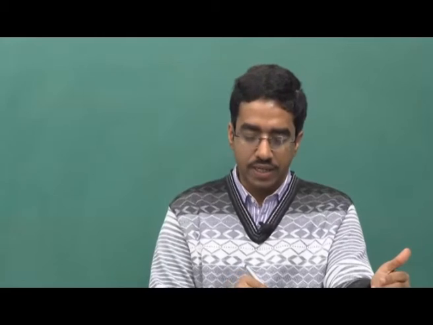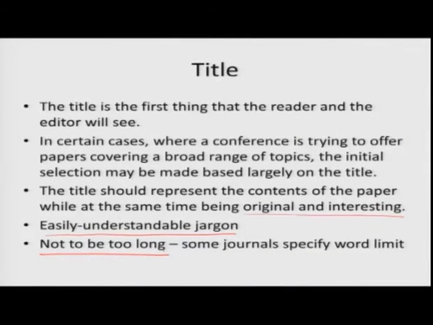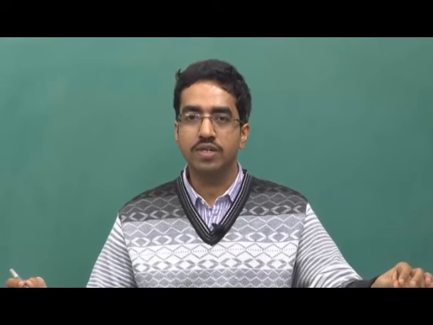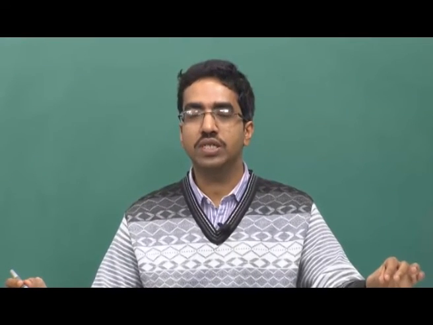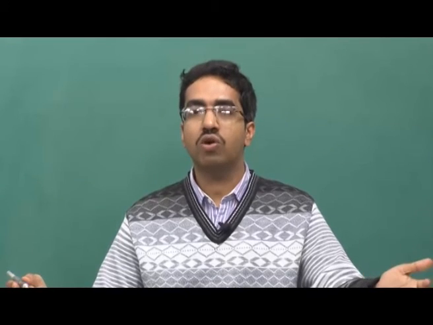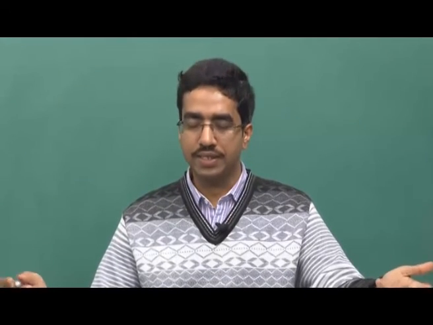Then it should not be too long. Many journals actually specify a word limit, something like 15 to 20 words for a title. So, it should not be longer than that.